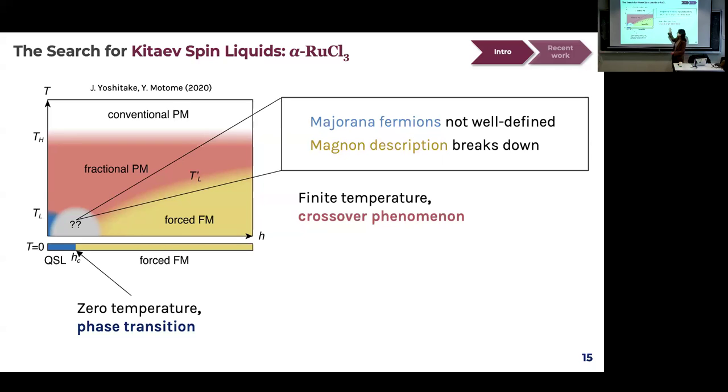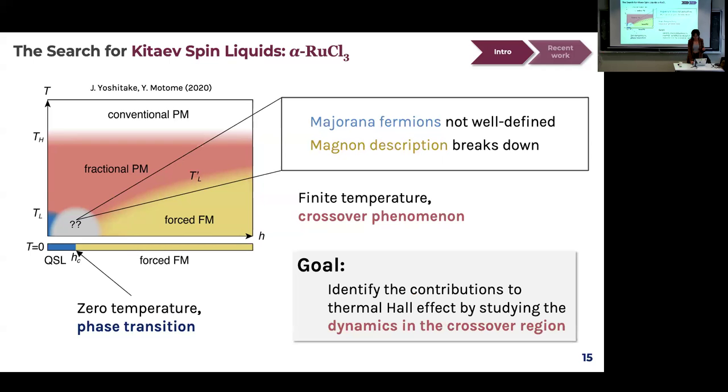The magnon description near this crossover is also not well defined. It breaks down with non-interacting magnons. And analytically, it's really hard to write down equations to study this regime and to study perhaps a coexistence of the Majorana fermion and magnon excitations. So that's where numerics comes in.